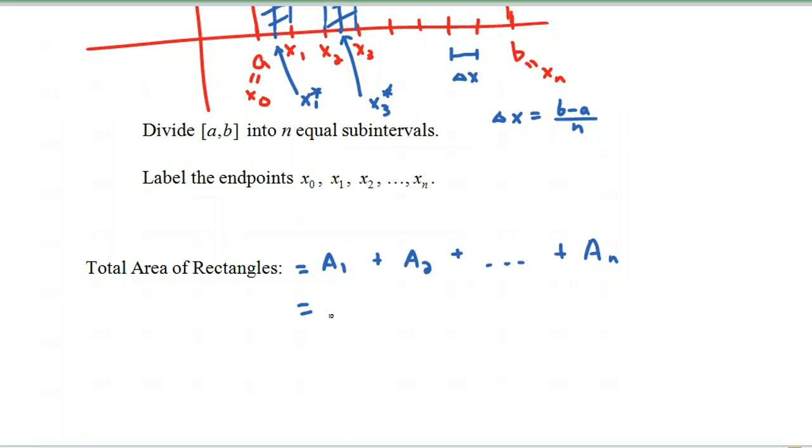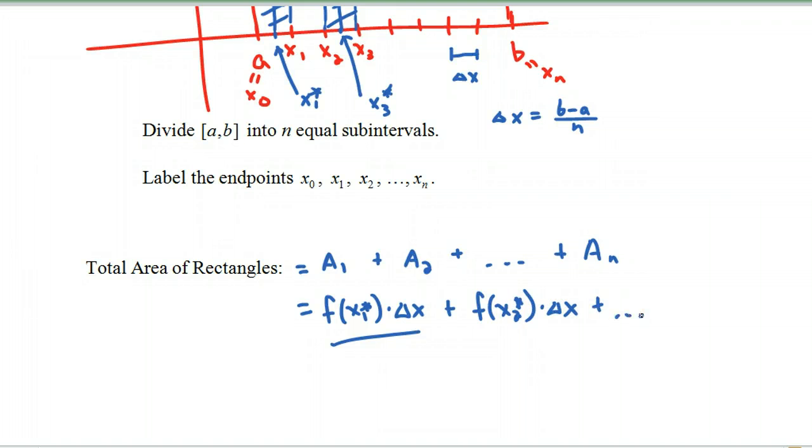So A sub 1 is f of x sub 1 star times delta x. That's A sub 1. A sub 2 would be f of x sub 2 star times delta x, and so on, until we get to the last one, f of x sub n star times delta x.